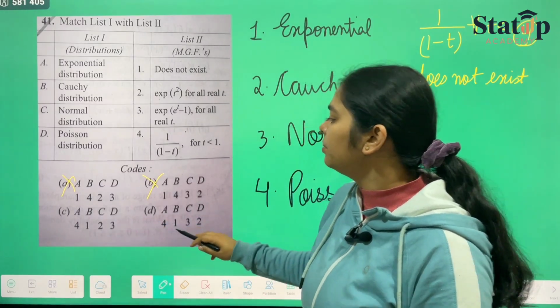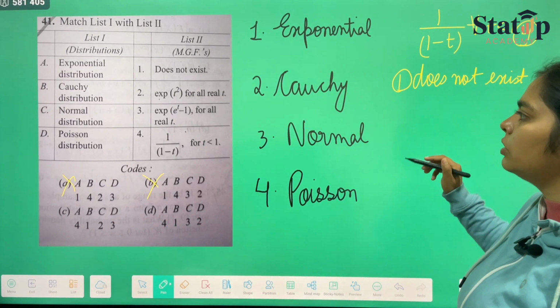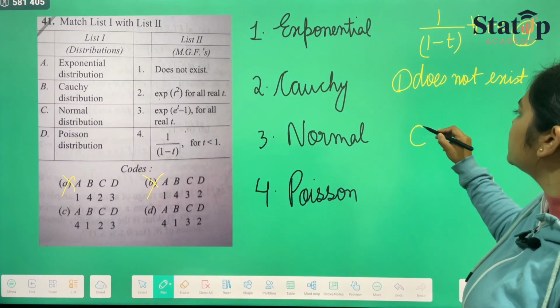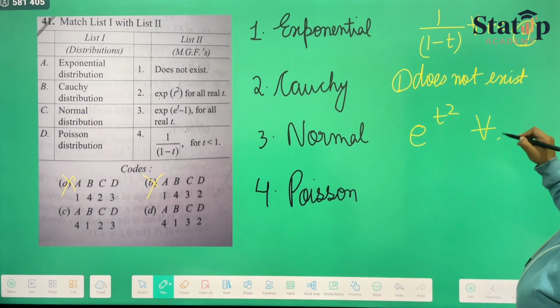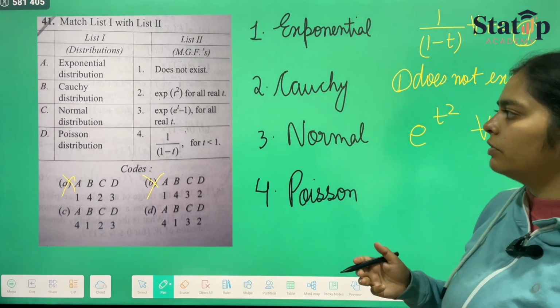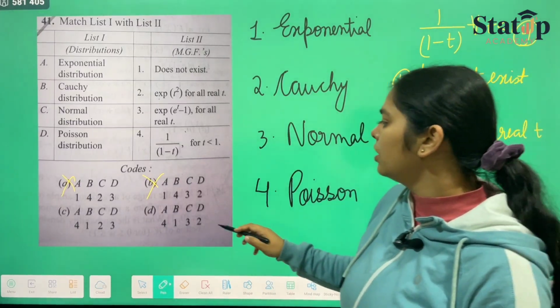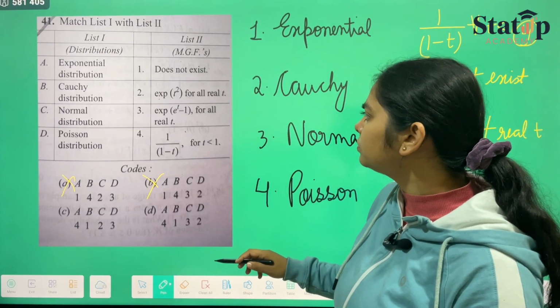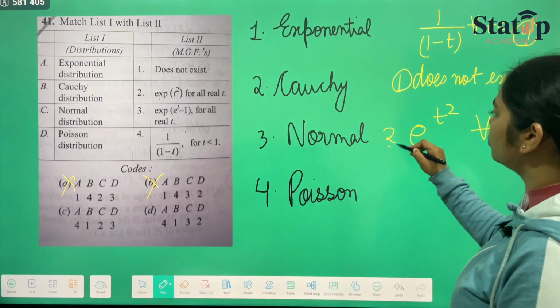In both of them, B matches with option number 1. We have to check another one. If we talk about the normal distribution, the MGF is e raised to the power t square by 2 for all real t. That means C matches with option number 2.